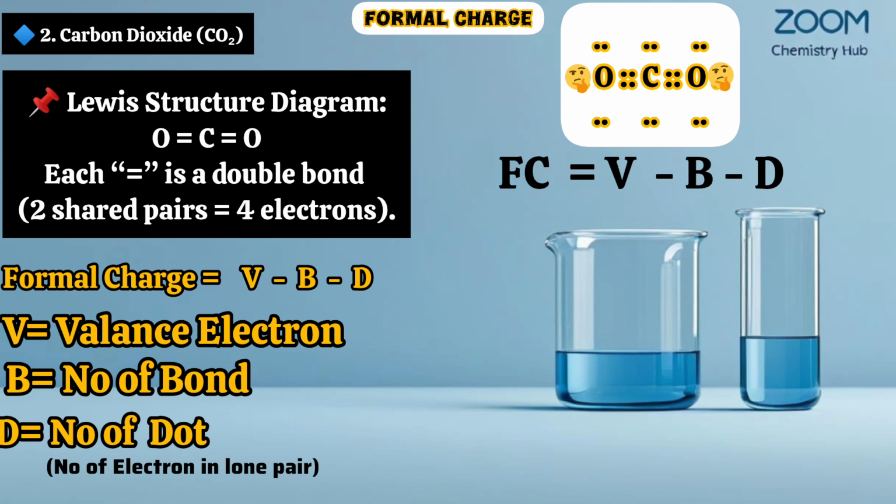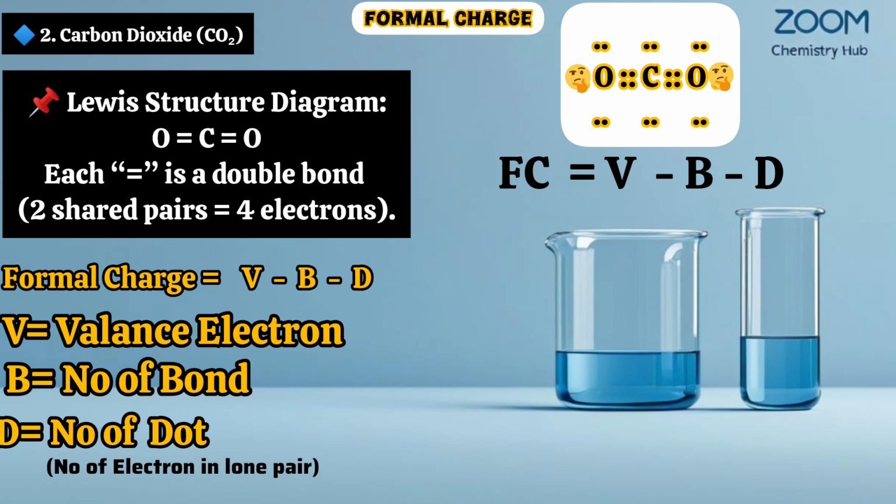So first we will calculate the formal charge of carbon in carbon dioxide. We write the formula, that is formal charge is equal to V minus B minus D, that is the valence electrons minus number of bonds minus the total number of electrons in the lone pair, that is the total number of dots on the atom.